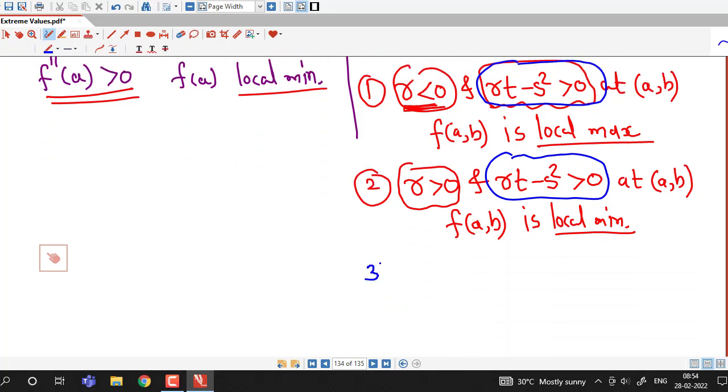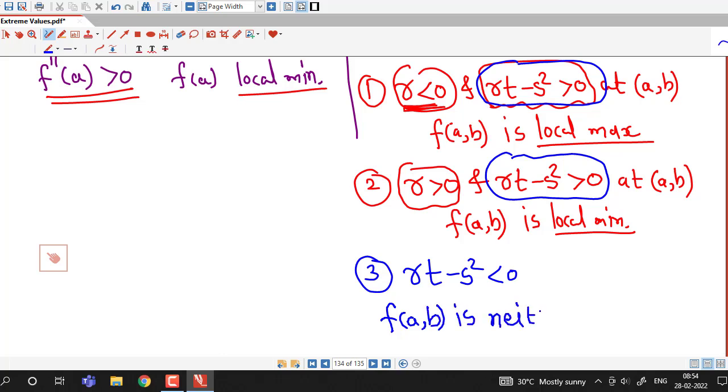Now suppose rt minus s square is negative, then function is neither maximum nor minimum at this point. F of AB is neither local maximum nor local minimum at point AB, and in that case this point AB is given a special name.